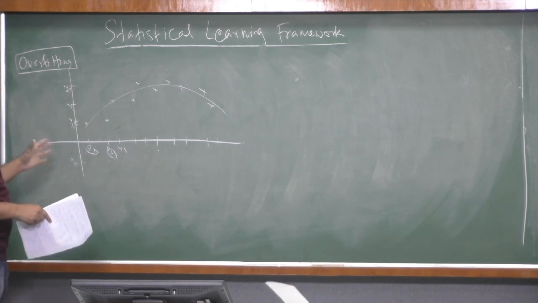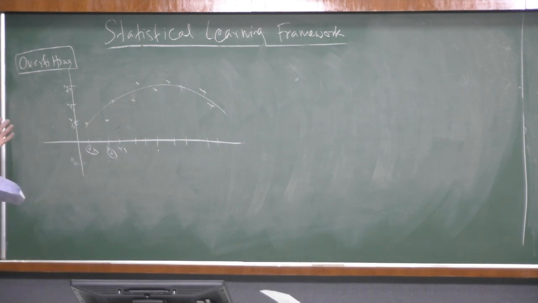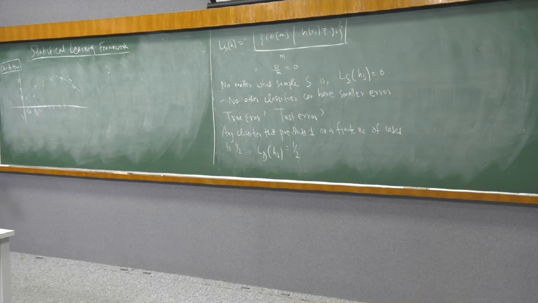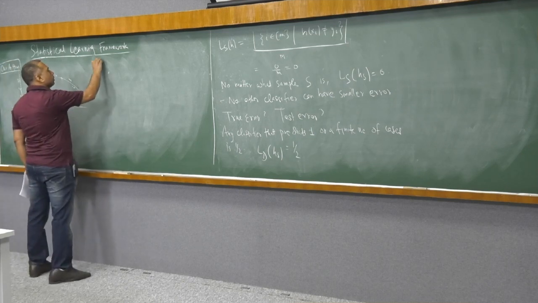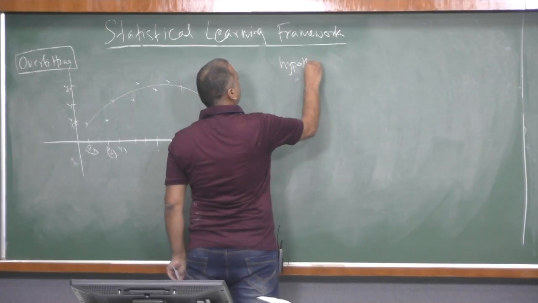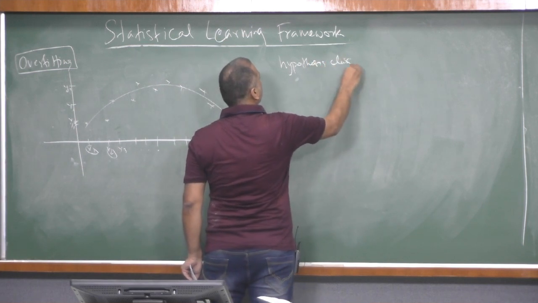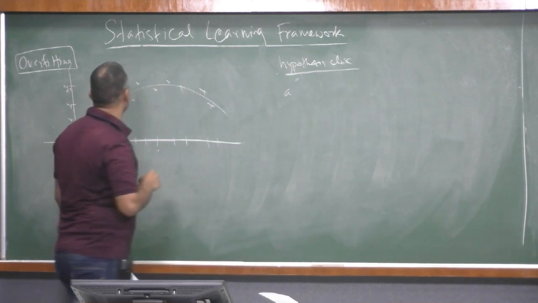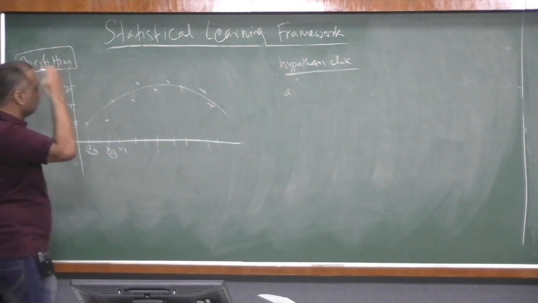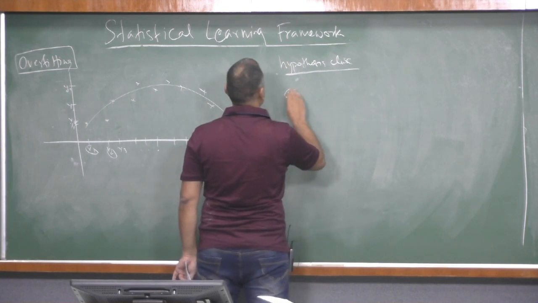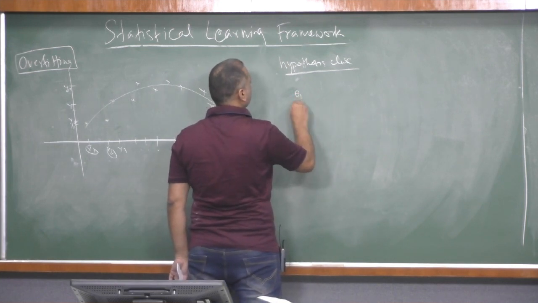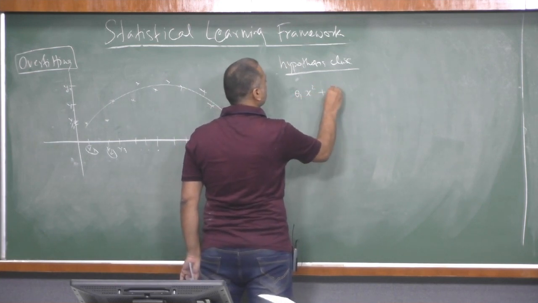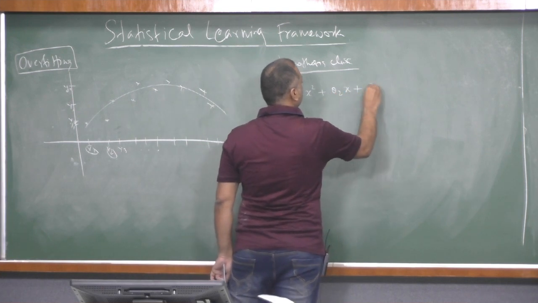But I cannot start with any generic polynomial. I cannot consider the whole class of polynomials. So I have to come up with a certain template. If it's a quadratic, so let us say my hypothesis class is, I can use theta notation also, theta 1 x square plus theta 2 x plus theta 3.